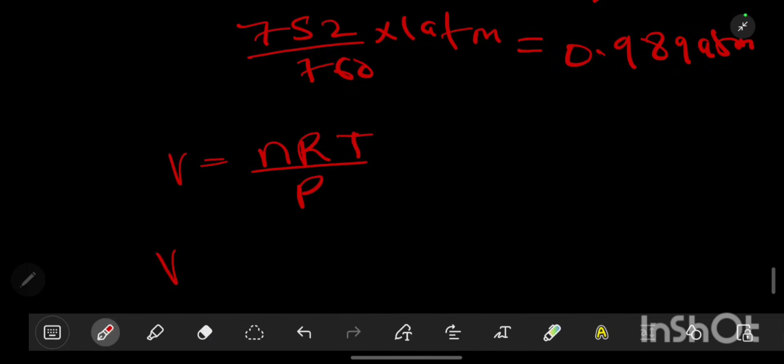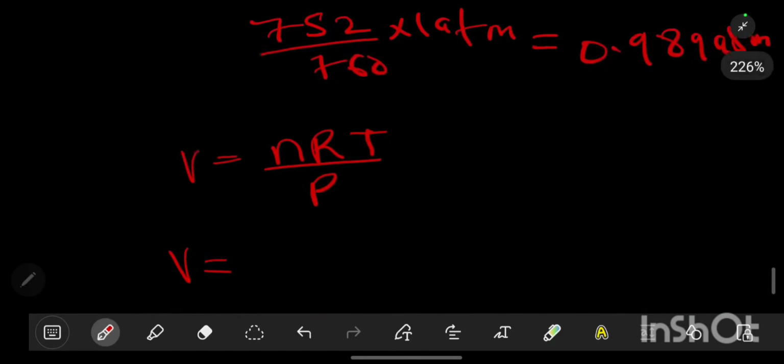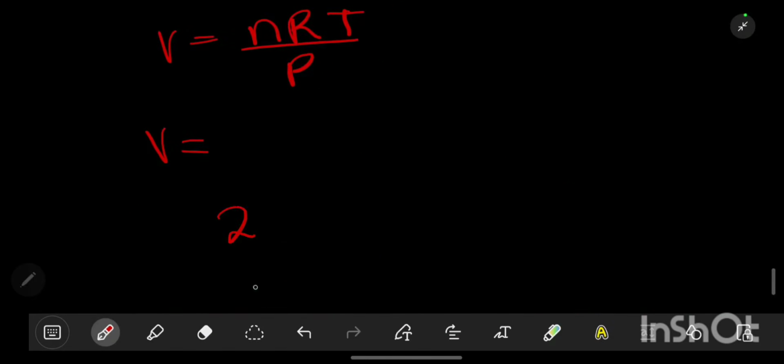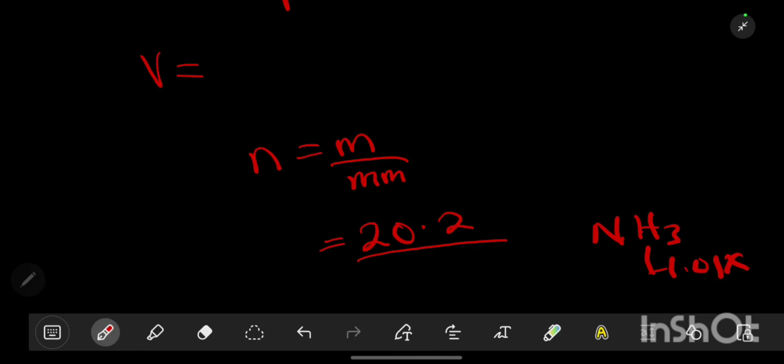So with that said, the volume is equal to nRT over the pressure. What is the number of moles? Wow, there were a lot of conversions here. We have the number of moles equal to the mass over the molar mass. Our mass is 20.2 over the molar mass of NH3. We have hydrogen, which is 1.01 times 3, then we have nitrogen, 14.01.